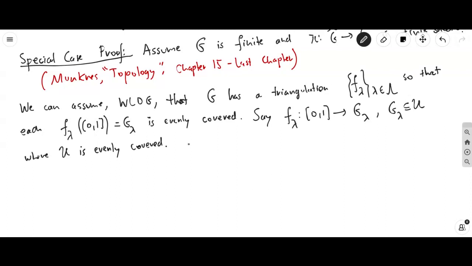Thus, when you pull back U using the covering map, you will have a union of path components. Let's call them V_j. So J is finite, because this is a finite sheeted covering.